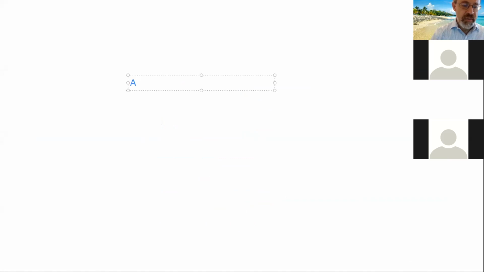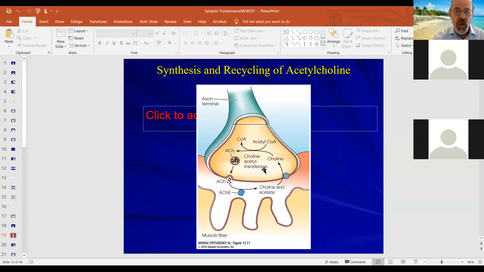So ACHE stands for acetylcholinesterase. This is an enzyme that degrades or breaks down and ultimately leads to the recycling of acetylcholine. So we have CAT, choline acetyltransferase, and we have acetylcholinesterase.